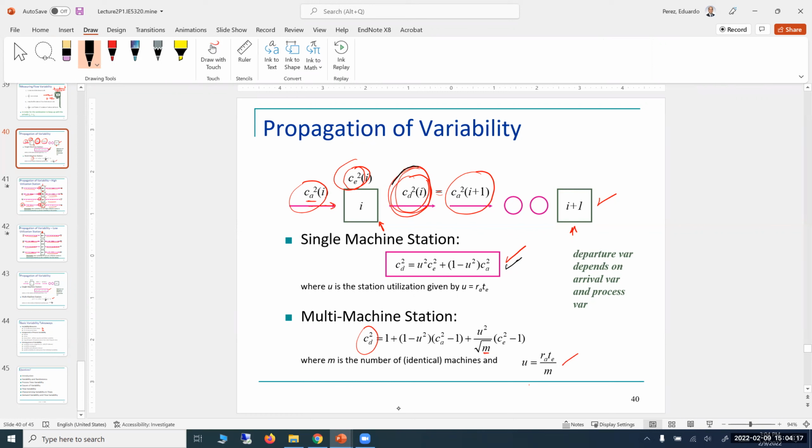So now we're saying that the tortuous and the X19 are like this, so I need to compute this squared coefficient of variation for the departure process in order to know CA square of the tortuous. Because CD square equals, yes, like we're seeing here.